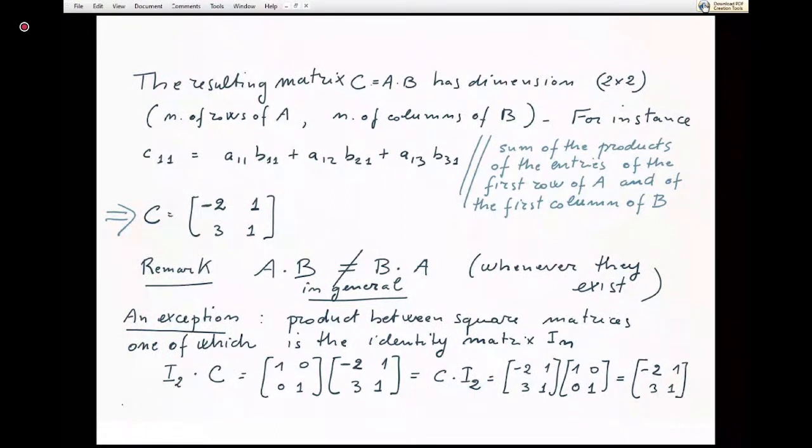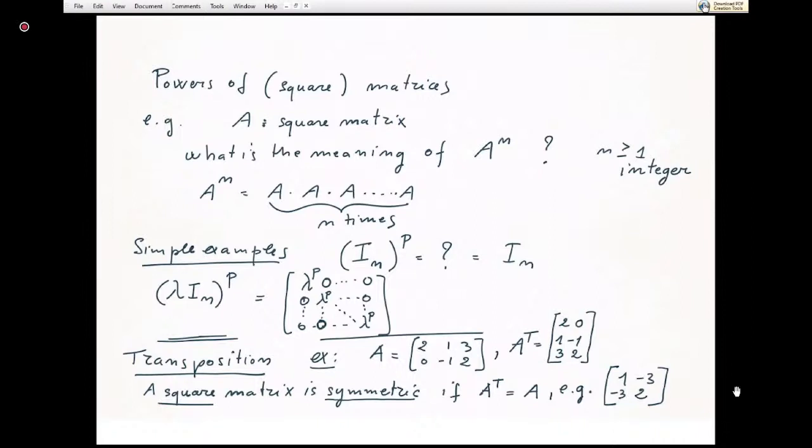So when you compute the product between a square matrix and an identity matrix of the same dimension, the result is the same. And another case, this is important, another case in which the result is the same is when the two matrices are powers of the same matrix.